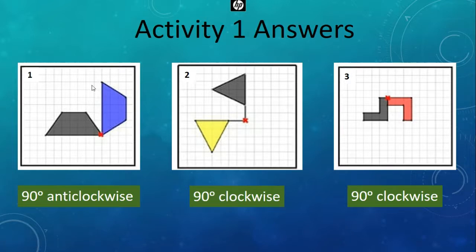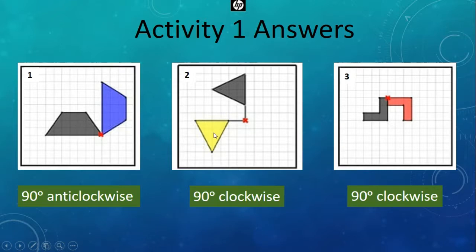So if I'm using the base of the trapezium, then I need to use the base of the trapezium on the shaded one as well. So 90 degrees anti-clockwise. You could have said that it had gone in a clockwise direction, in which case it would be 1, 2, 3, 3/4 of a circle, which is 270 degrees. So this shape could be 270 degrees clockwise.